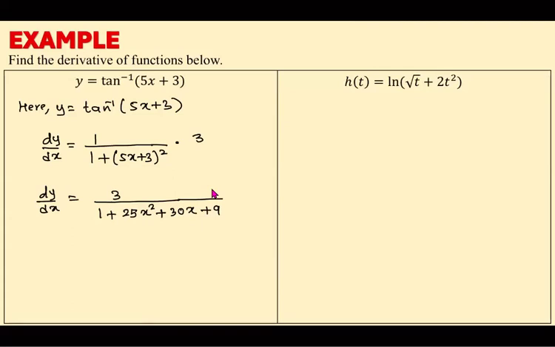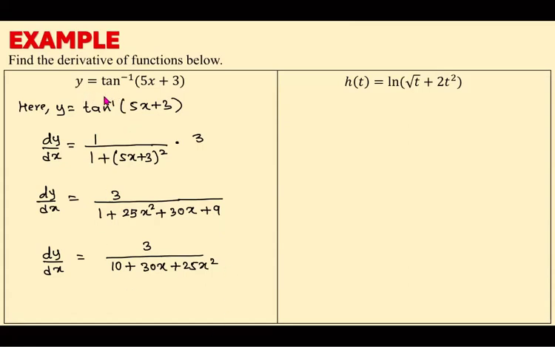Then we can simplify the denominator: 1 plus 9 is 10, plus we have a 30x and 25x squared. That's how we can do it.